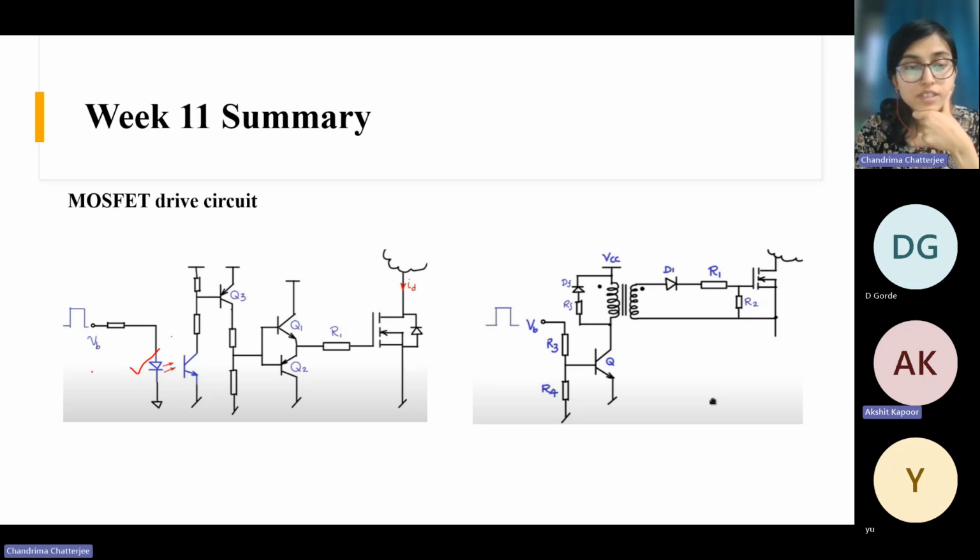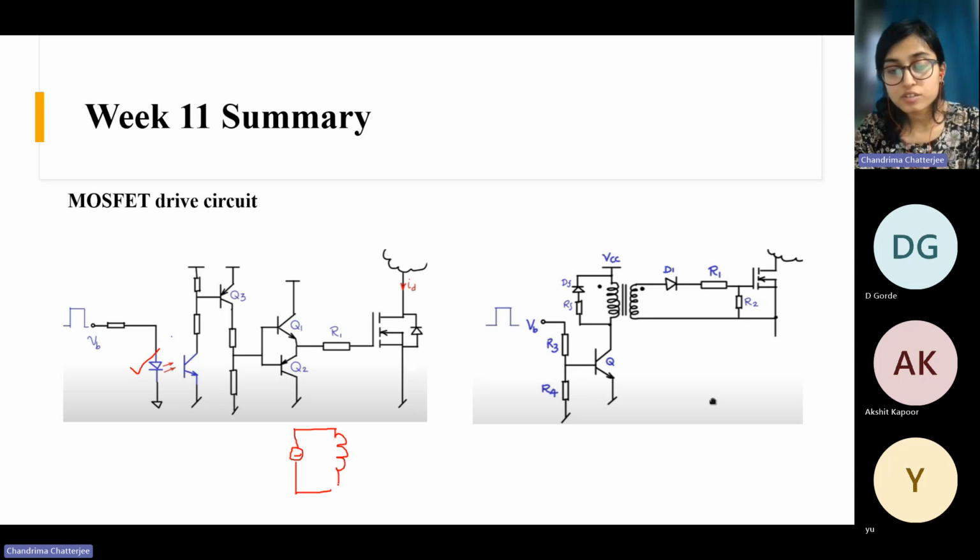Okay. So basically, I think you are talking about this. Here, after this AC, there was this diode bridge rectifier, and then I think on this side there was this transformer isolation.